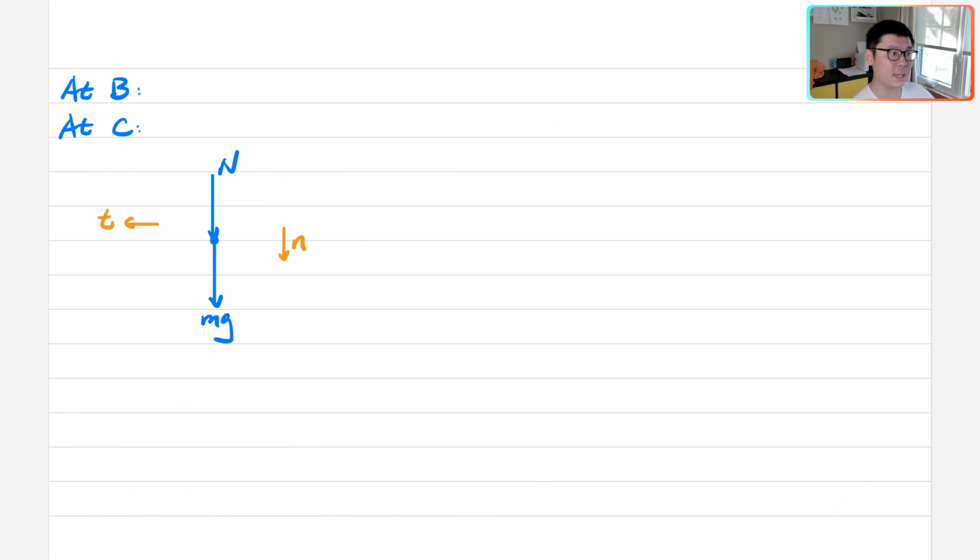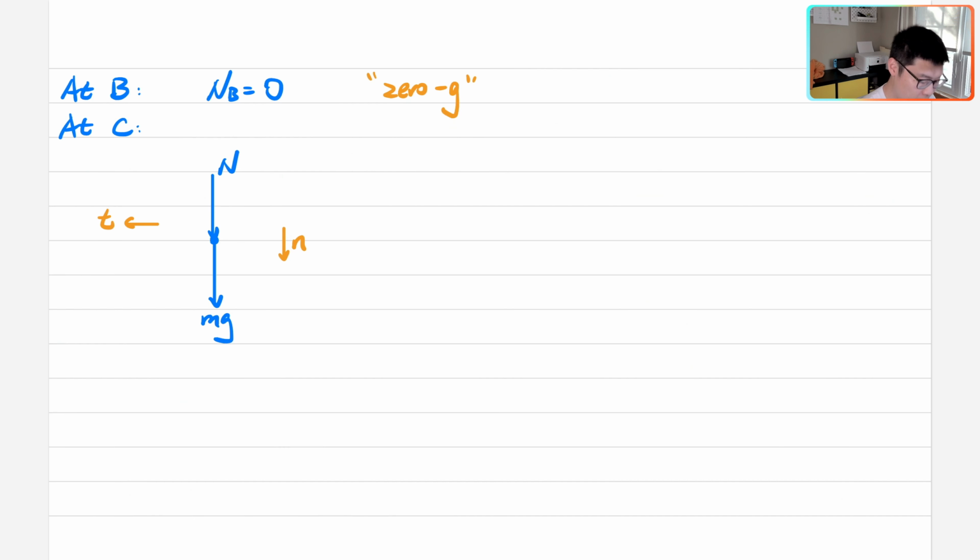At point B, remember we're using the critical point when you experience 0g. You're going to have just that minimum velocity to safely pass point B. So at point B, our normal force is going to be 0. This is what we call the 0g effect.